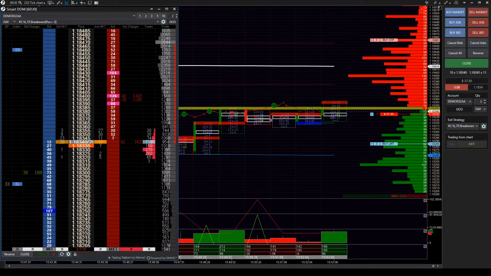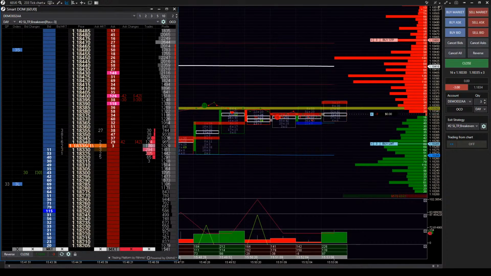At the moment, we can see the tape, the speed of the tape is in favor of the sellers, so we're still in the trade. There's no reason to panic yet. Okay, we are in positive, and the price is moving in our favor at the moment.